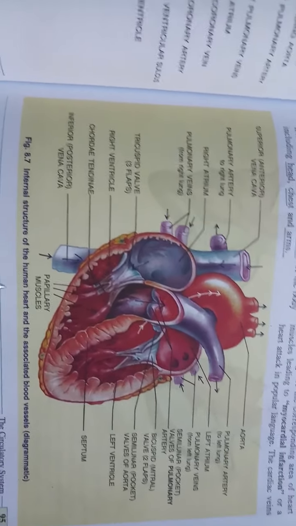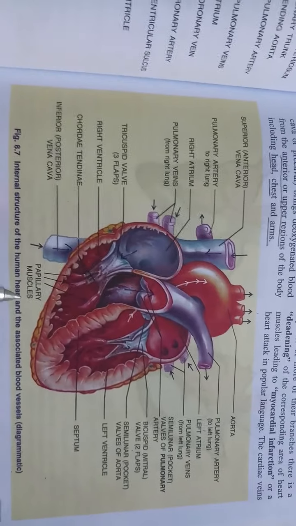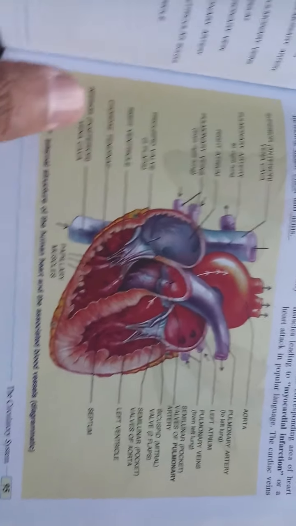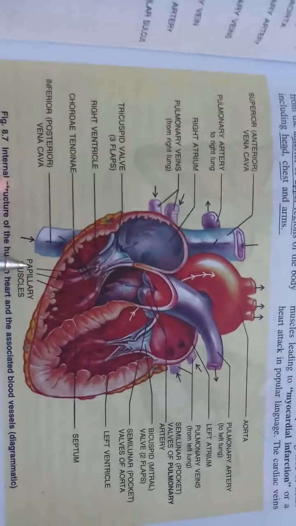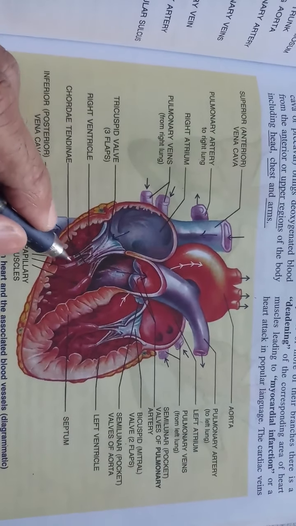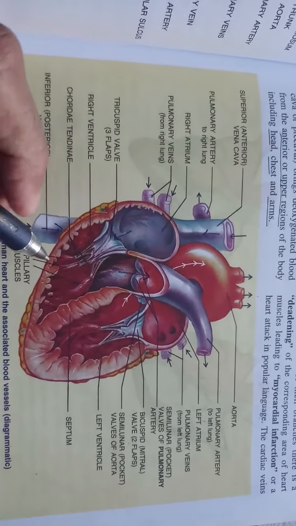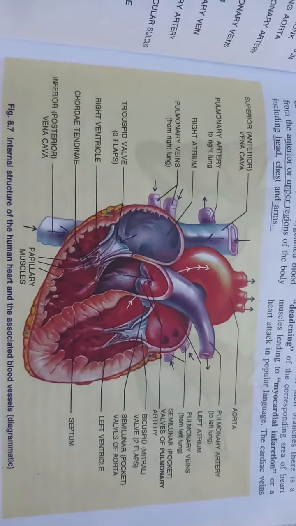You can look at the papillary muscle here. These papillary muscles are very important, because these muscles, can you see them, one, two, three, in this shape, hold the valves in the proper place.